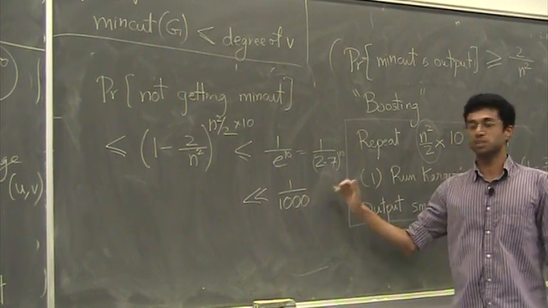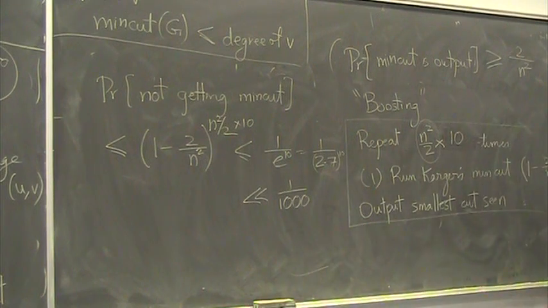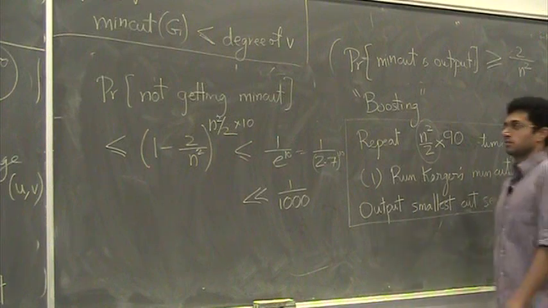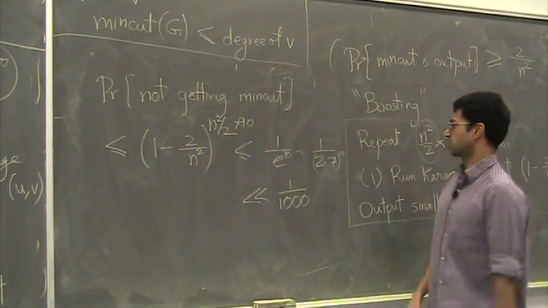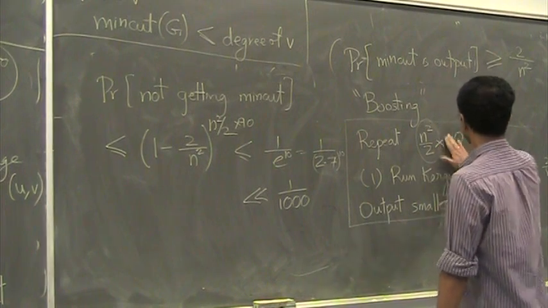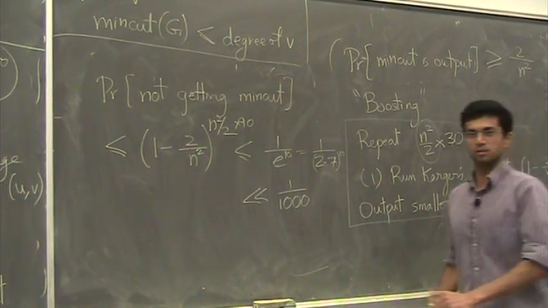And actually the boosting is really cheap. Suppose you wanted 1 divided by 1,000,000, you make that 90. Actually, you don't even need 90. I think 30 should do the trick.